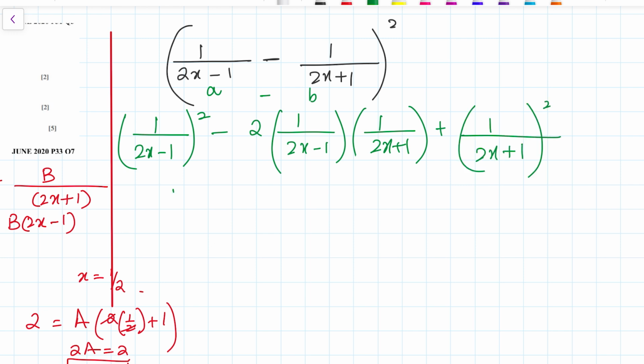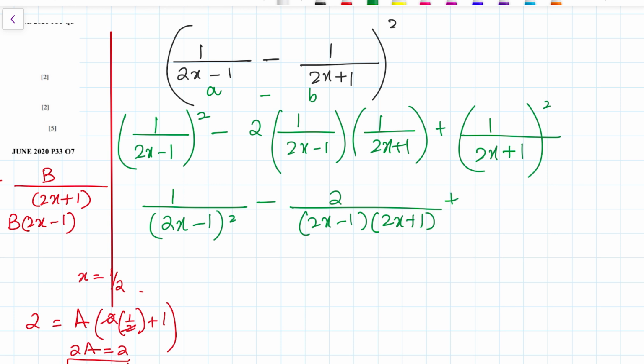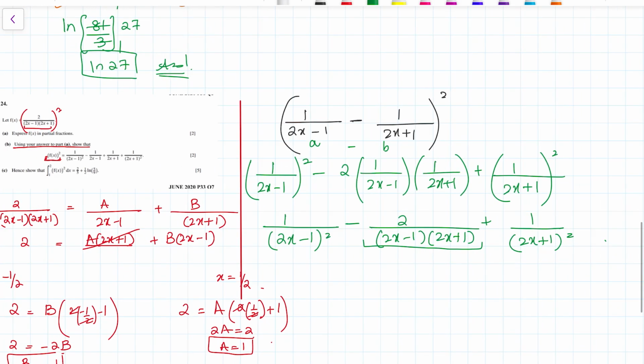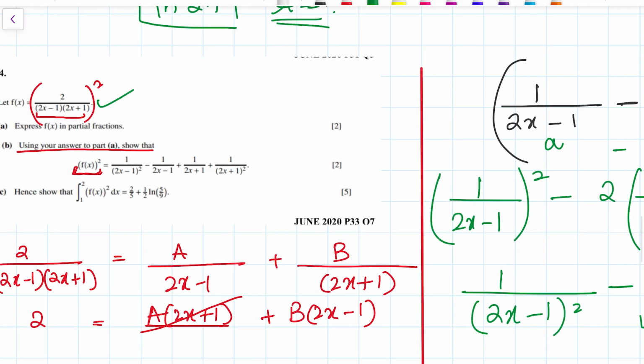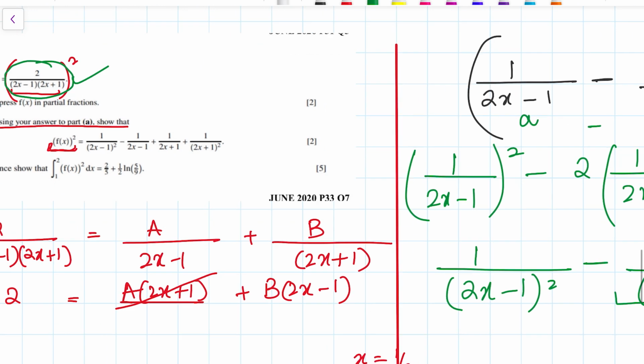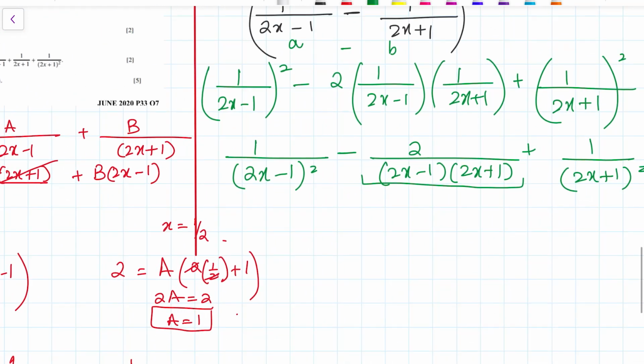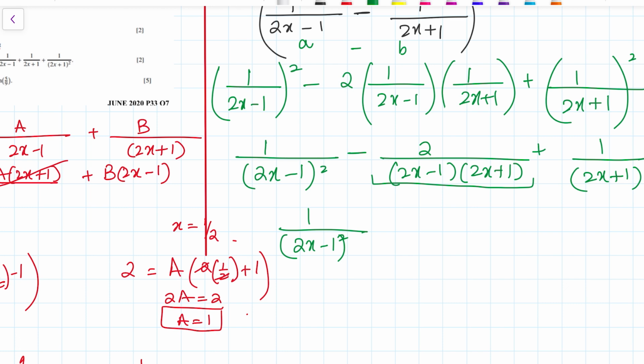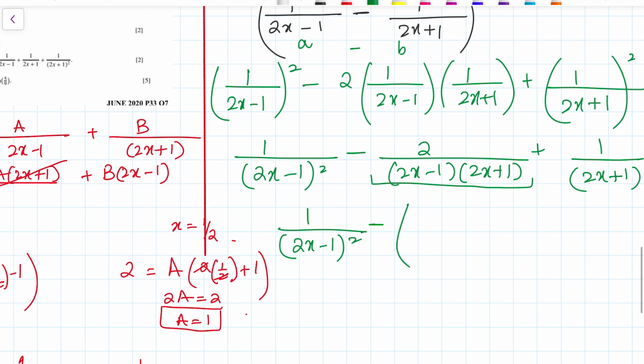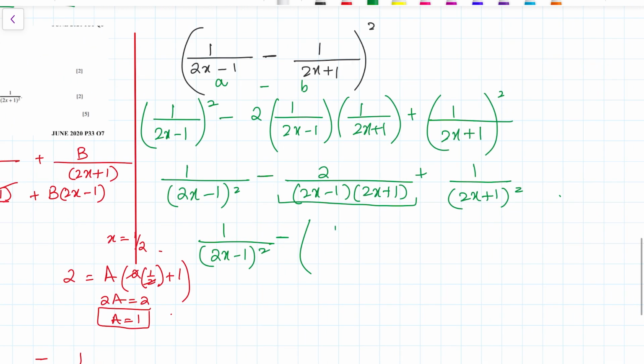Now this becomes 1 upon 2x minus 1 whole square, minus 2 upon, plus 1 upon 2x plus 1 whole square. Now let's look at the middle term. The middle term is again the same function over here. So in place of this function, we will again replace it with its partial fraction, which is, minus, then we write this entire fraction once again.